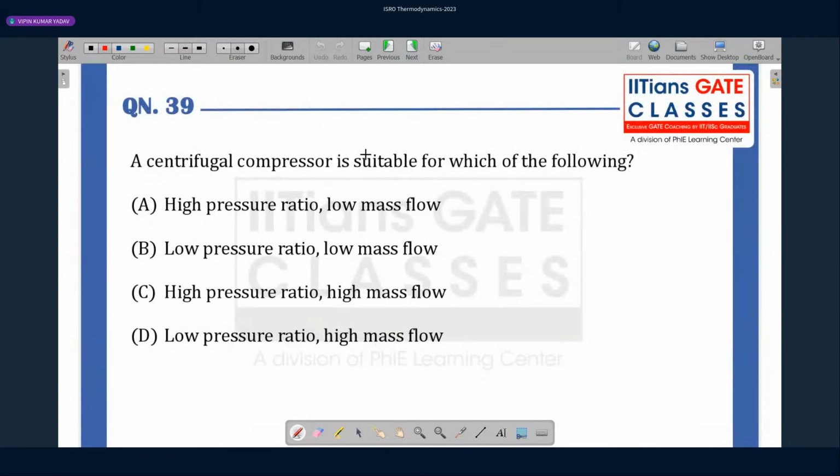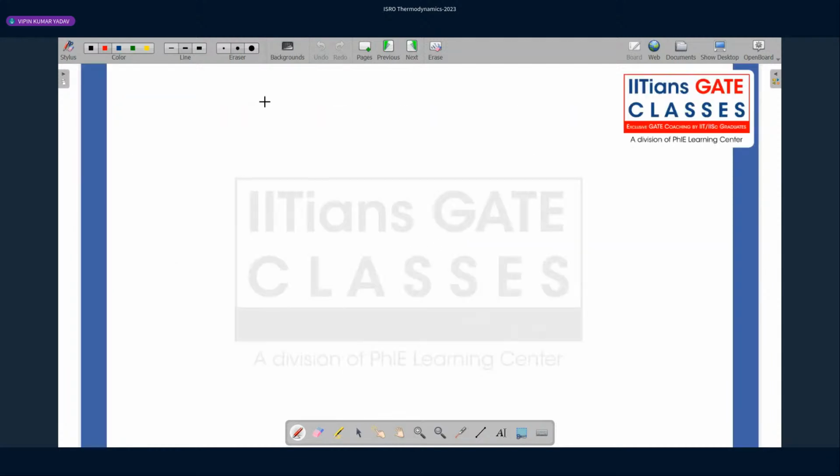Now, a centrifugal compressor is suitable for which of the following? High pressure ratio, low mass flow rate, low pressure ratio. So you have to understand one thing.